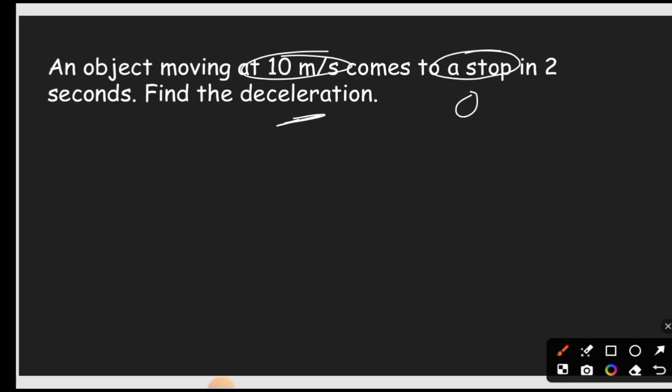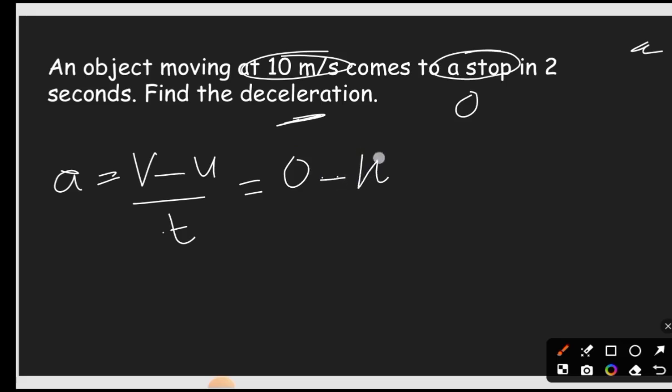So, acceleration equals the final velocity minus initial velocity over time. So, our final velocity is 0 minus initial is 10 over time, which is 2.